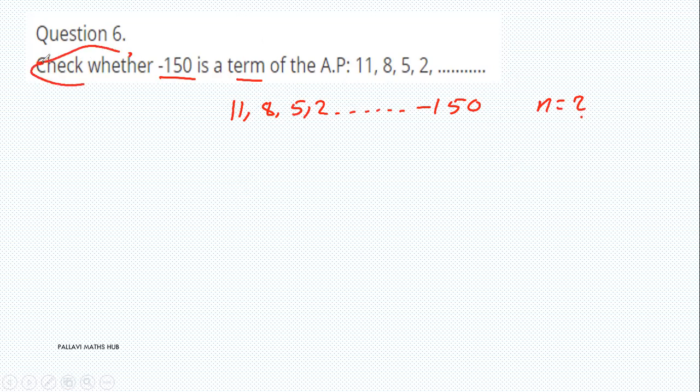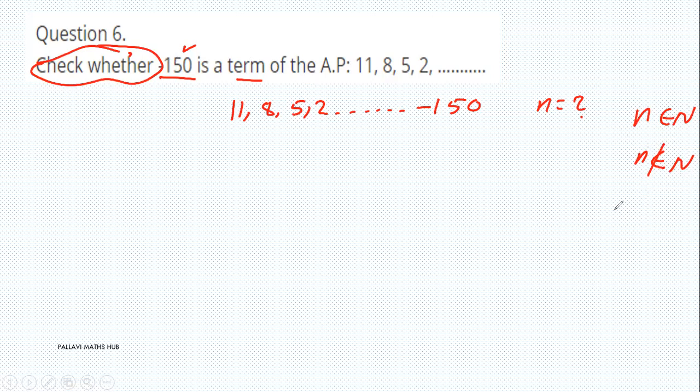Check whether means: if you get N belongs to natural numbers, then minus 150 is a term. If N does not belong to natural numbers, then it is not a term.